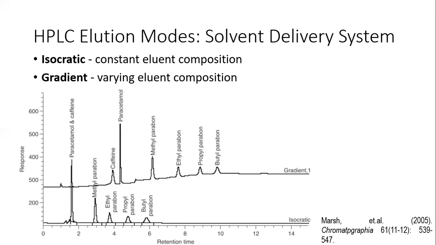So usually itong gradient mode of elution, ginagamit to kapag method development, when you want to determine kung ano yung magandang mixture for the mobile phase. Okay? So isocratic, usually ginagamit yan kapag mas gusto nilang ma-obtain yung mabilis na analysis or quantitation of your samples.